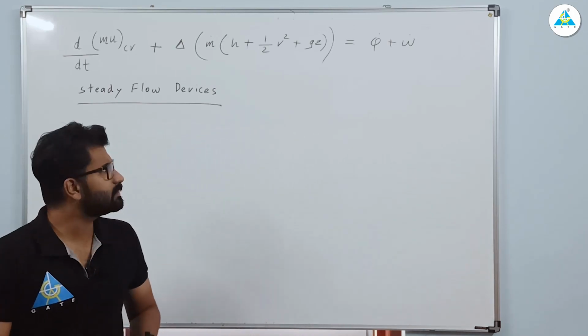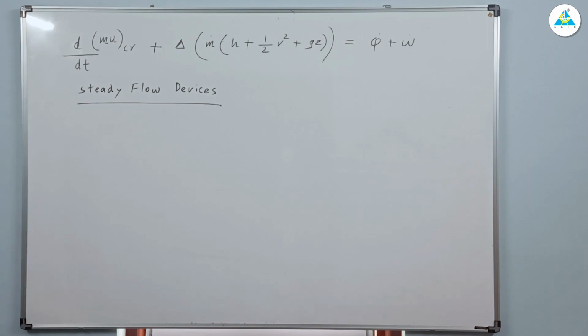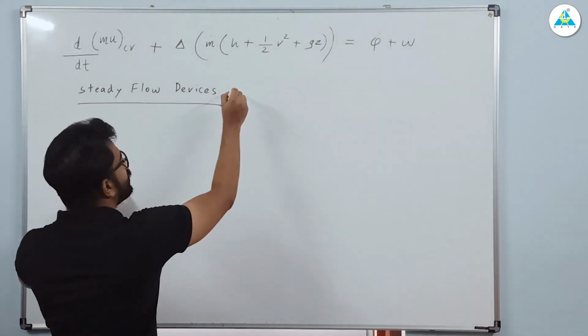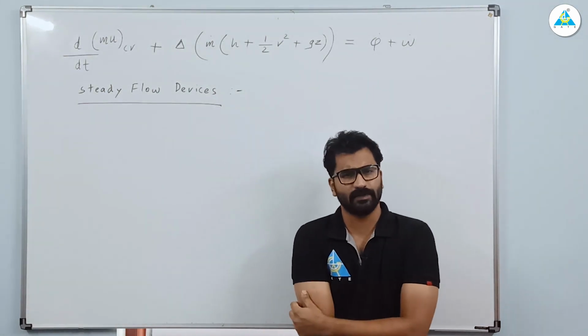There are a lot of steady flow devices, and we are interested in solving problems using this open system equation. What is the meaning of steady flow devices? Steady flow means your properties will not change with respect to time.